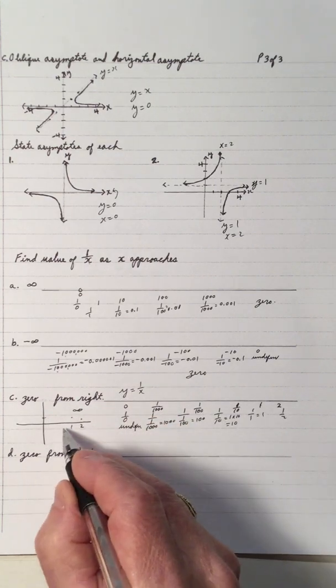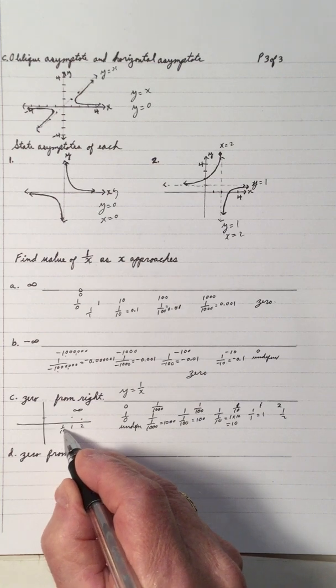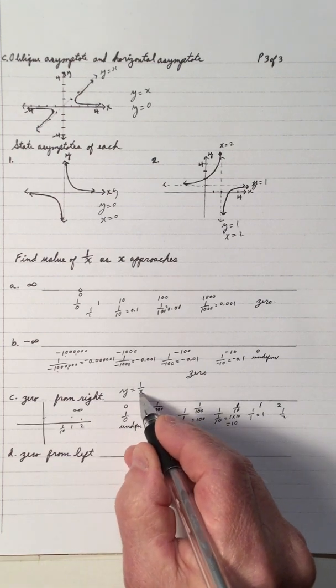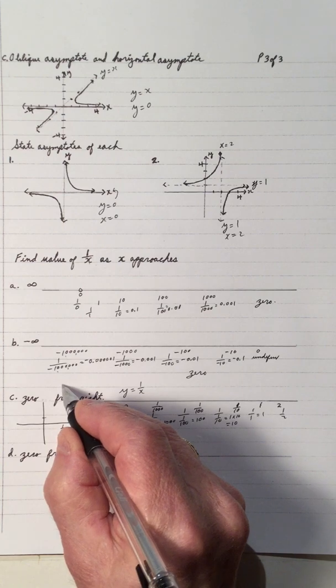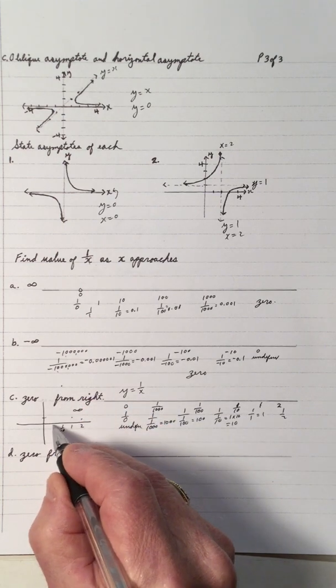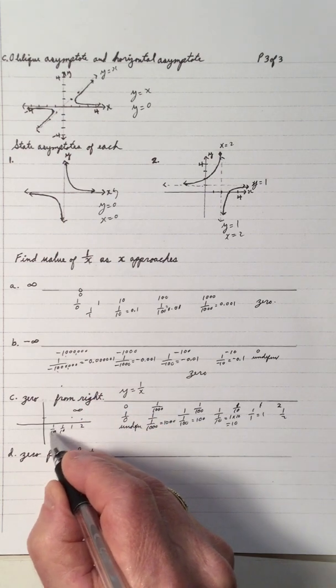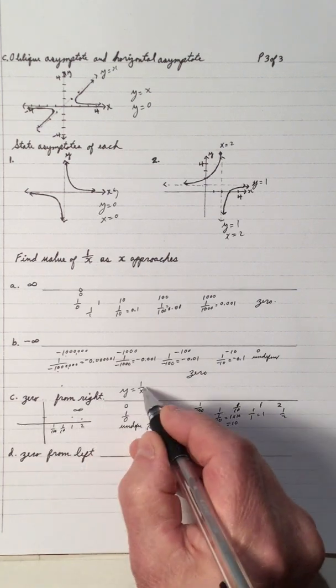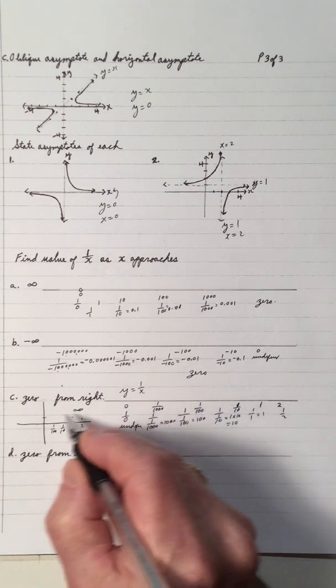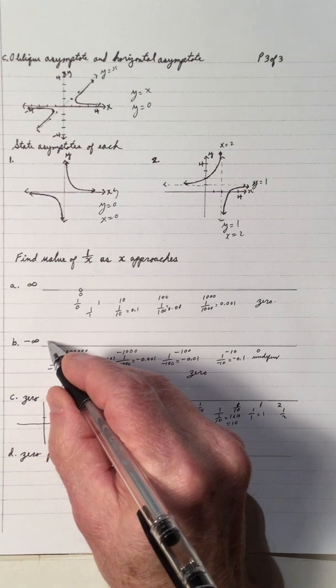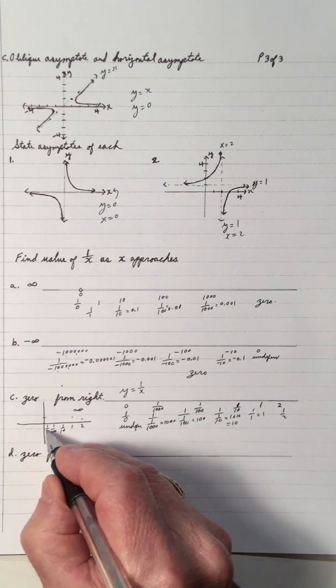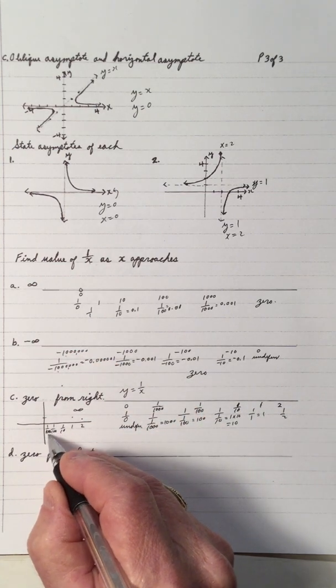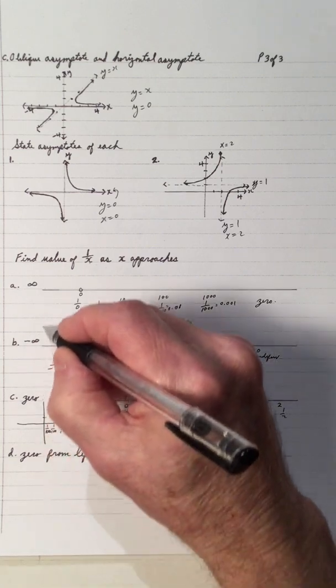If x is 1/10, so 1 over 1/10, we get a 10, which is, let's pretend, way up there. 1 over 100 is getting closer and closer to 0. 1 divided by 1 over 100 is 100, so it's gone way, way up. Then 1 over 1,000 means we've gone higher again.